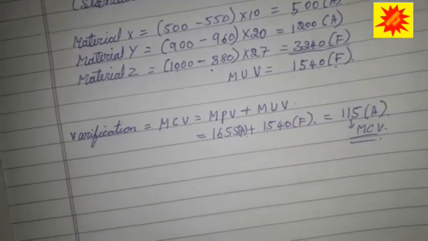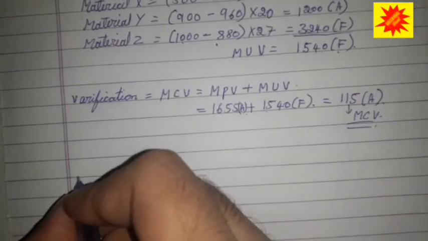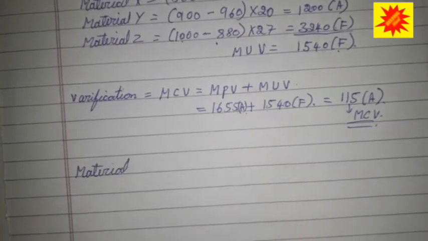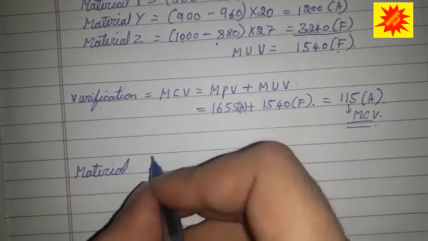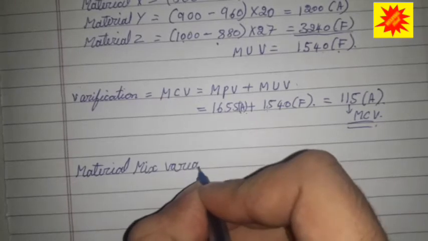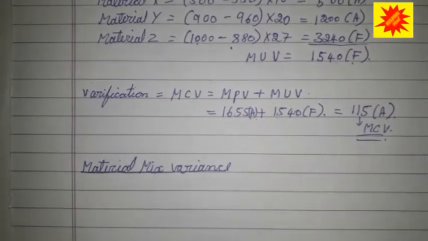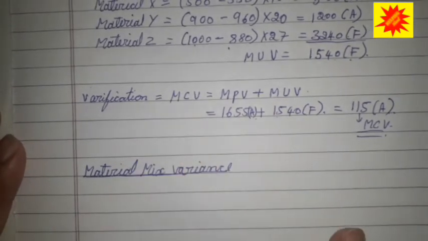Now let us move on to our next formula, that is material mix variance. So material mix variance, we know that it is a type of usage variance itself.